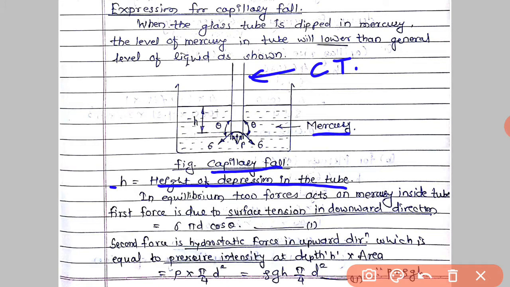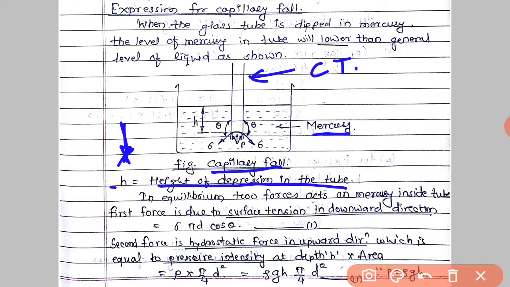Here h will be the height of depression in centimeter, mm or meter. In equilibrium condition, two forces will act there. The first force is surface tension, in the downward direction. And the second is the hydrostatic force, which will act in the upward direction, and it is due to the pressure intensity at depth h.